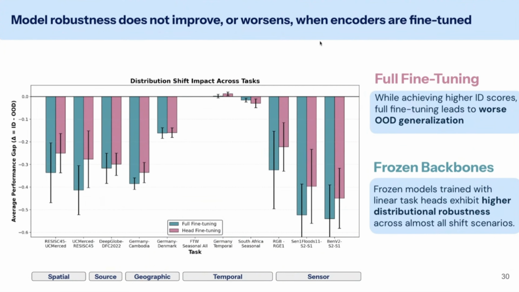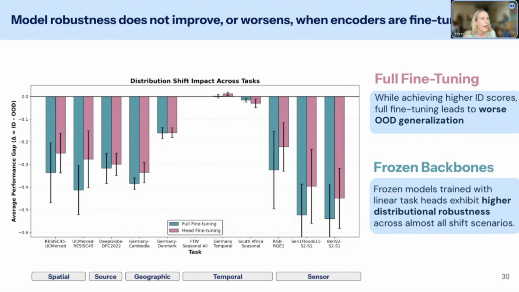And then we also looked at grouping the results by their fine-tuning strategy. So full fine-tuning is, apologies, the coloring on this text will be a little confusing. So full fine-tuning is blue, and the frozen backbone or just using a linear head is in pink. We can see that the model robustness doesn't improve or actually worsens when the encoders are fine-tuned.